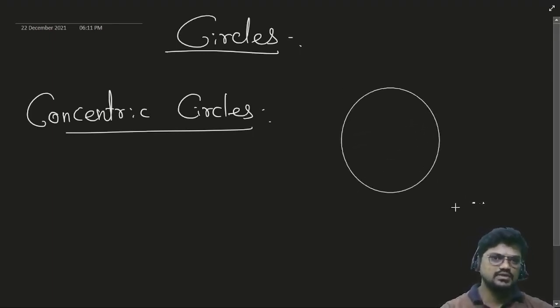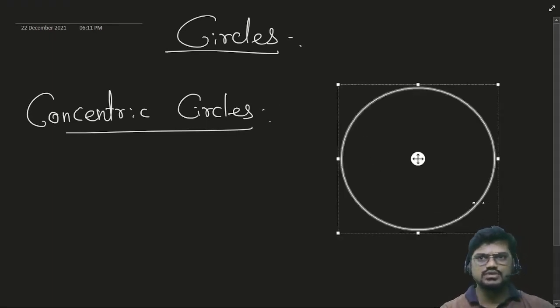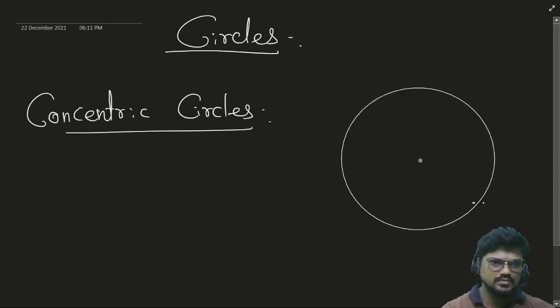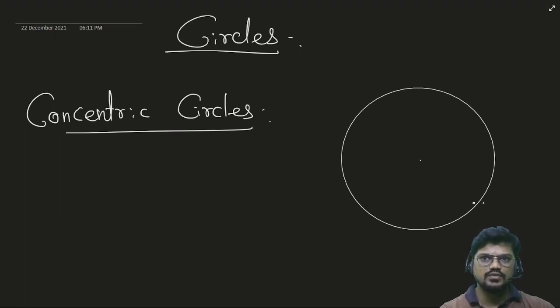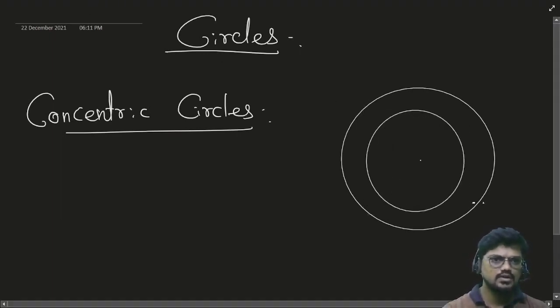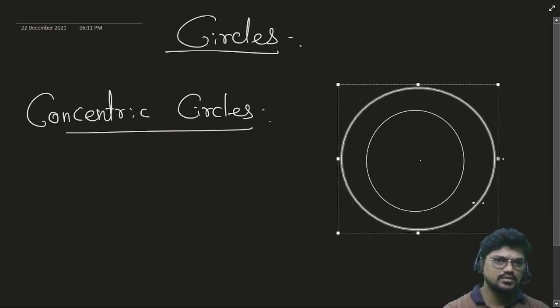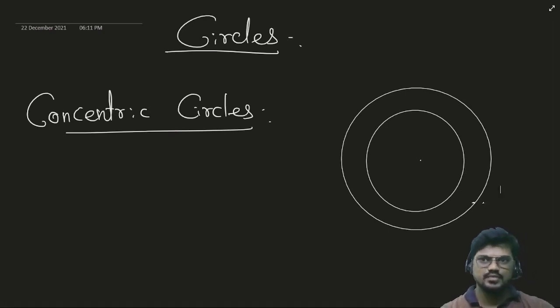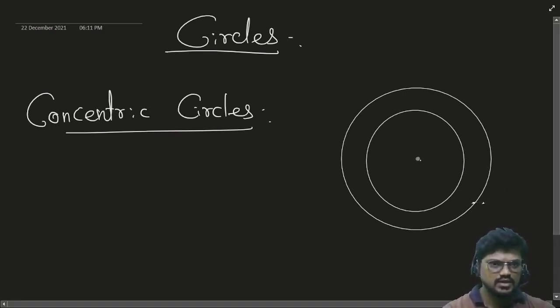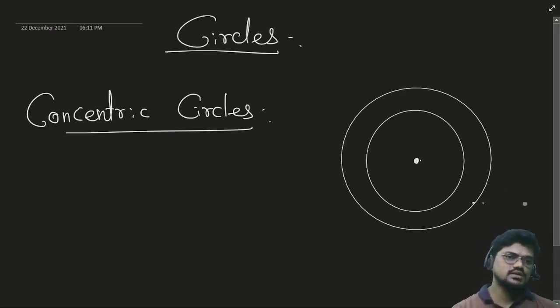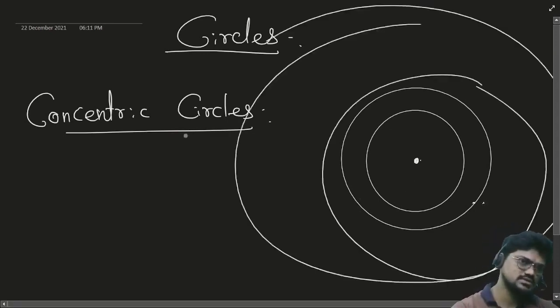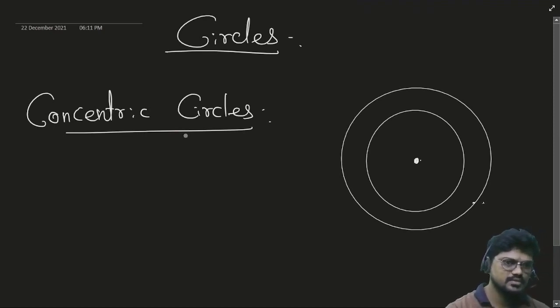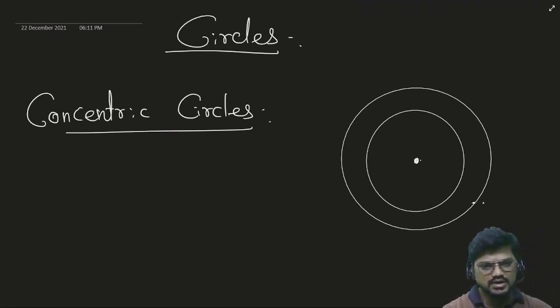See, if this is a circle, and this is the center of the circle, and you have one more circle like this, both circles have the same center. Then we say the two circles are concentric. You can make any number of concentric circles for a single point, and they are said to be concentric circles.